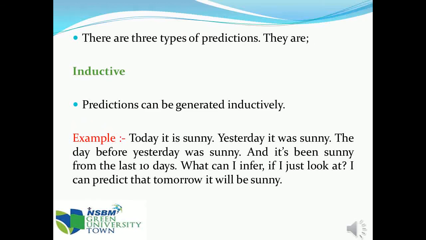First one is inductive. Inductive means predictions can be generated inductively. As an example, today it is sunny, yesterday it was sunny, the day before yesterday was sunny, and it's been sunny for the last 10 days. What can I infer? If I just look at it, I can predict that tomorrow it will be sunny.